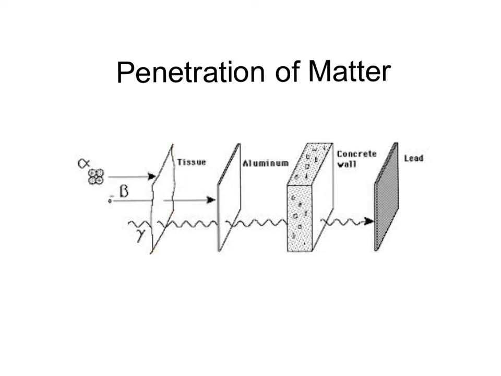If you put a tissue, like a Kleenex tissue, in front of it, that's enough to stop the alpha particle right there. It's not going to go any further. The beta particle can actually go straight through. This is a high energy electron. It can go straight through, but then if you put a piece of aluminum in place, it'll stop it. The gamma particles, on the other hand, can go through tissue, can go through aluminum, can go through concrete, and then if we have lead, lead will stop it.